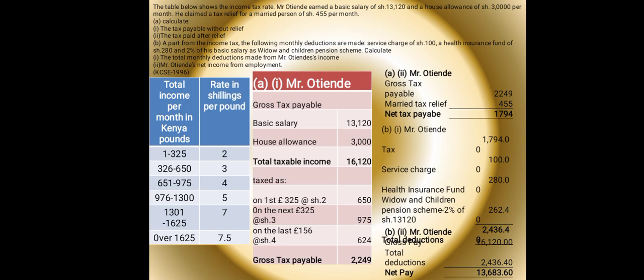Calculate 1. The total monthly deductions made from Mr. Otiende's income. 2. Mr. Otiende's net income from employment.